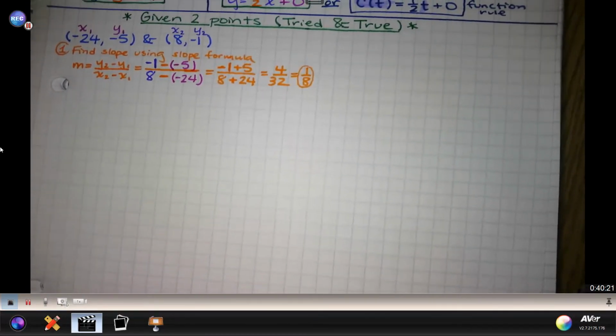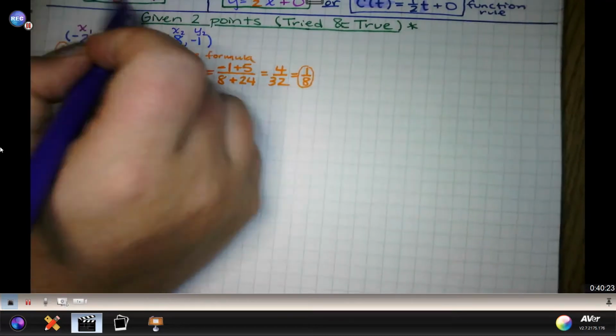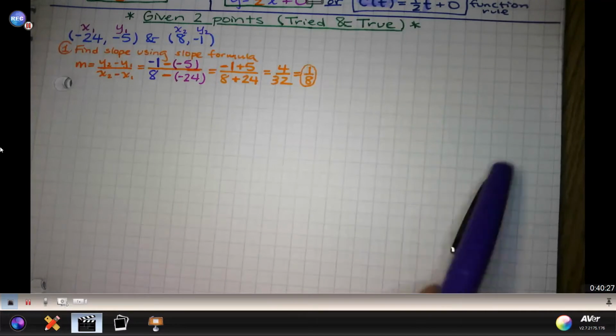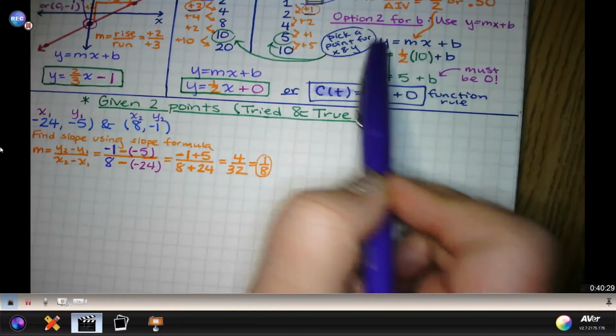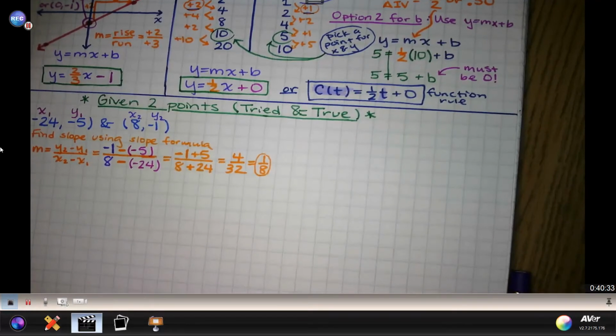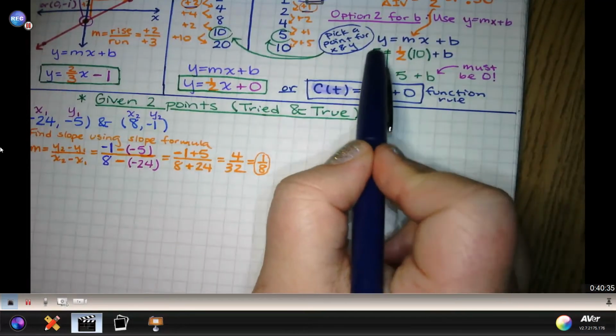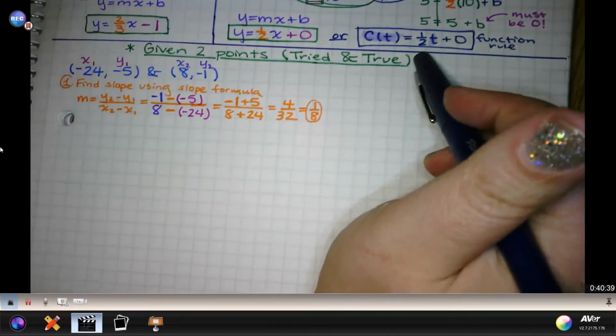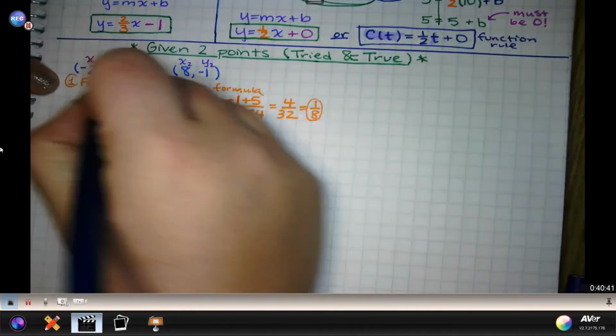Okay. Now that we have m, we need to find b. But again, this isn't on a graph and it's not in a table. So how do I find it? We're going to use the same method as right here, which is to pick one point and plug it in and try and figure out what b needs to be to make it true. So that's number 1.